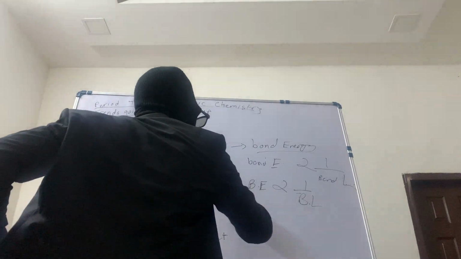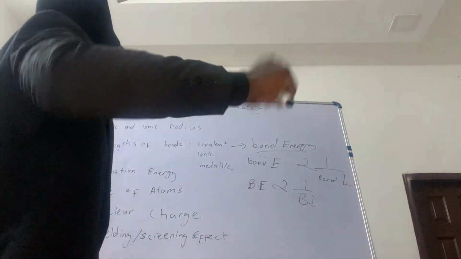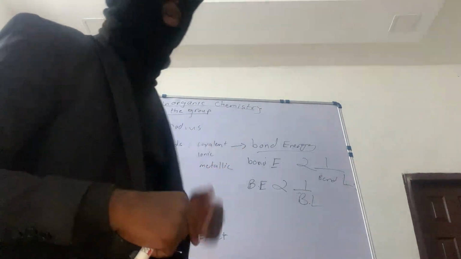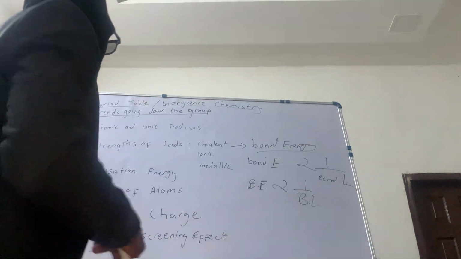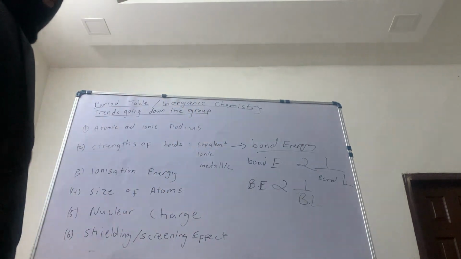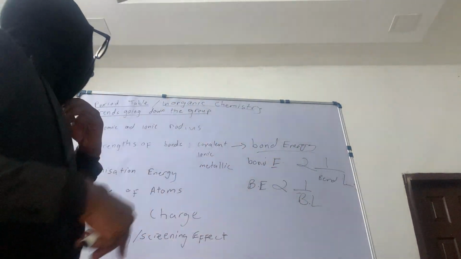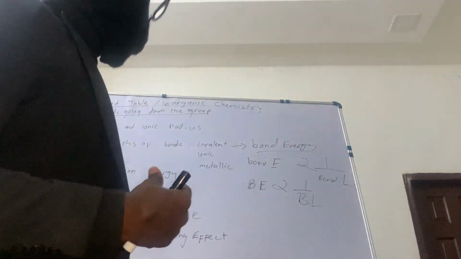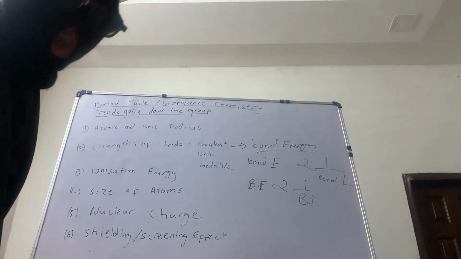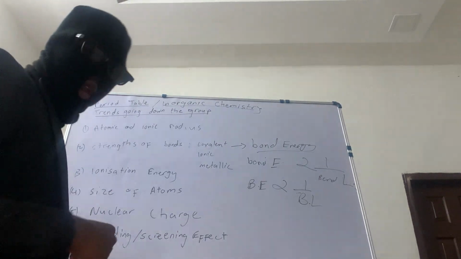And when the bond energy decreases, the strength of covalent bonds as we go down the group is going to be weakening. So the bonds formed by non-metal elements down the group are weak bonds.